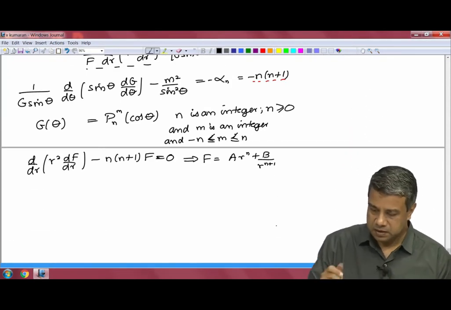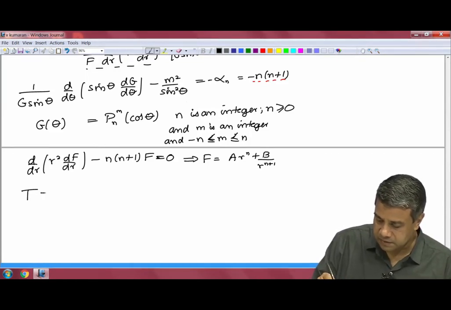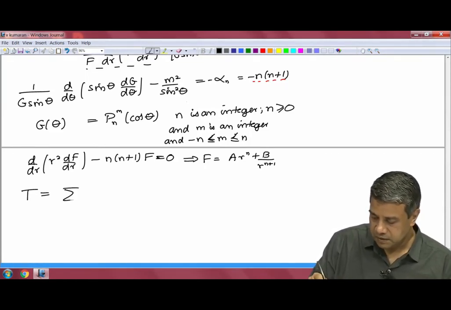Okay. So, finally, the solution for the temperature field has the form, sum over integer n equal to 0 to infinity.